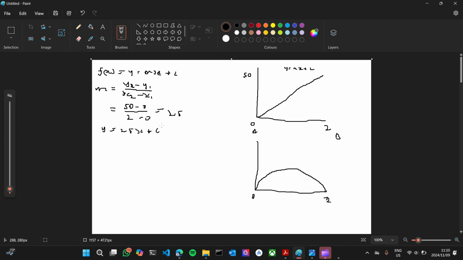Now we need to find c. So we'll just evaluate it at any point along this linear function. I'll literally just use this starting point here where both y and x are equal to 0, which would mean that c is equal to 0.